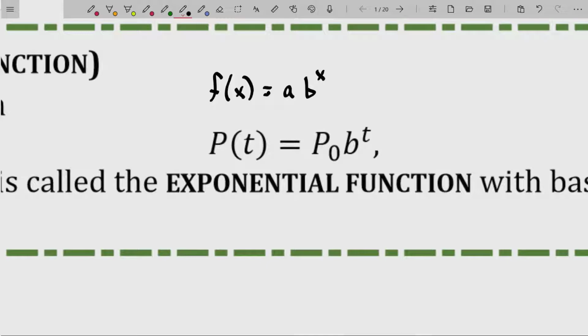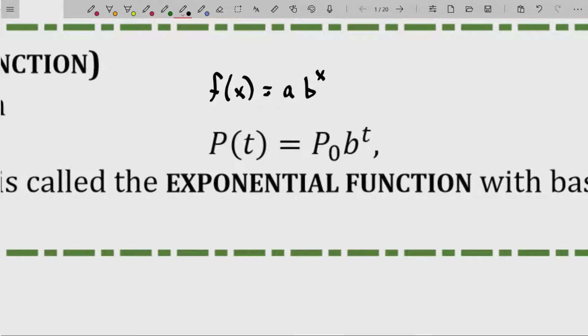Because generally speaking, when you're talking about exponential functions, you're talking about population models. So a population that's growing, a population that's decaying, whether it's bacteria or human populations or animal populations, whatever it may be. It's a population of something, money even.